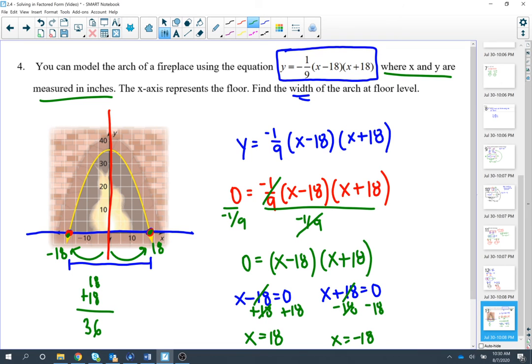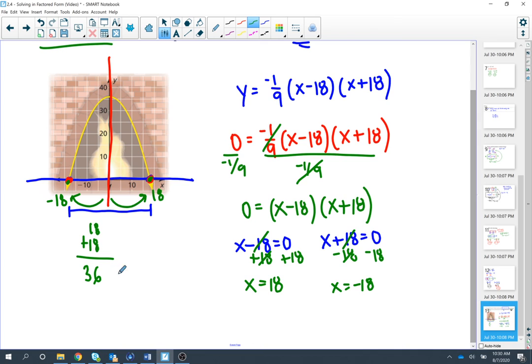And it says find the width of the arch at floor level. That doesn't say anything about feet. So 36 inches would be your answer. Okay, the width of the arch at floor level is 36 inches, which, if you know there are 12 inches in a foot, would be 3 feet.